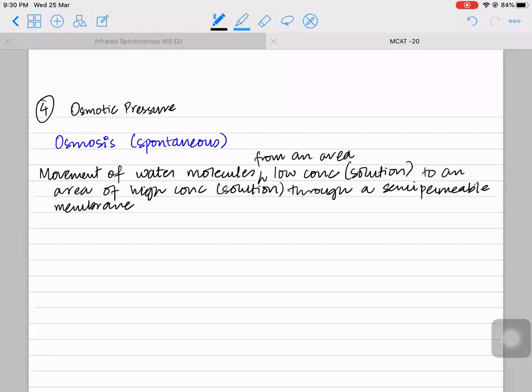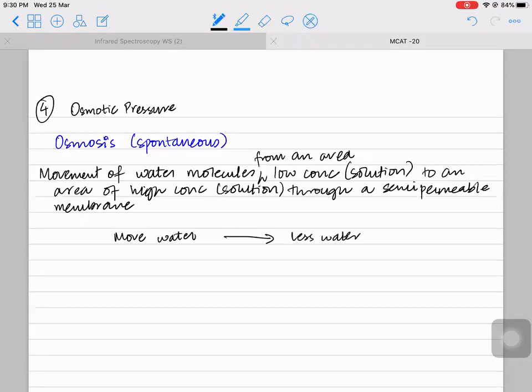Where there is more water, it will go to the area where you have less water. If I have more water, it will be going from more water to an area of less water.